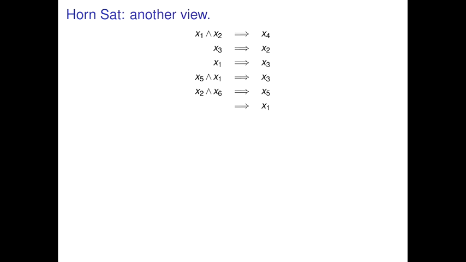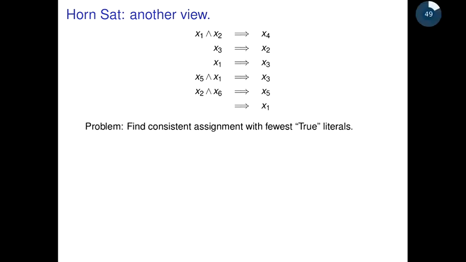We don't care for now. What we're going to do instead is think of this problem as just the implications, and try to assign as few variables to true as possible. Or said differently, we're only going to set a variable to true if we have to. Okay? That's what we're going to do. Is there a variable that has to be true in this one? Is there a variable that has to be true?